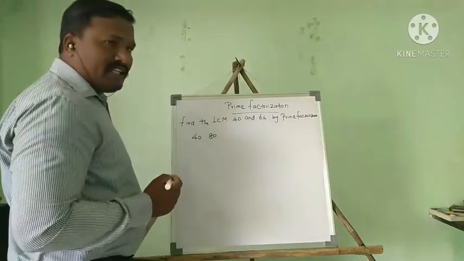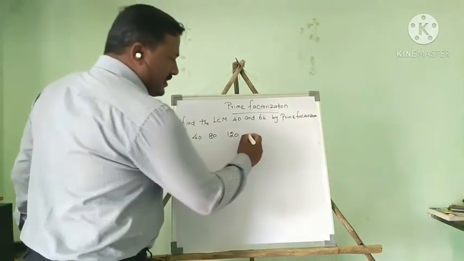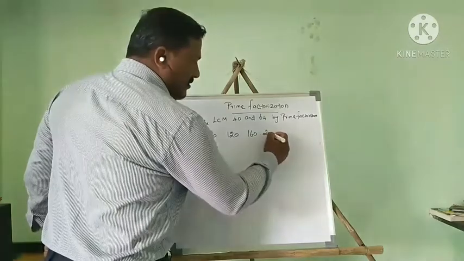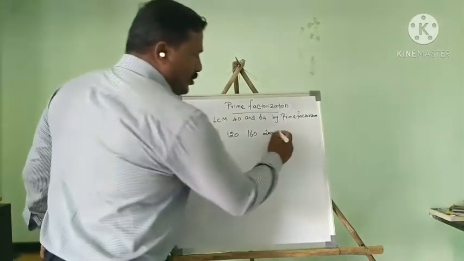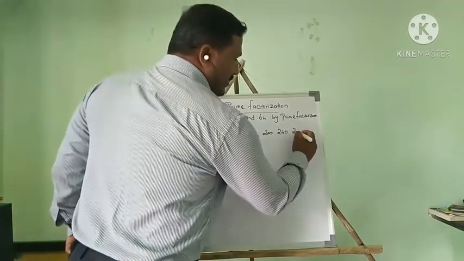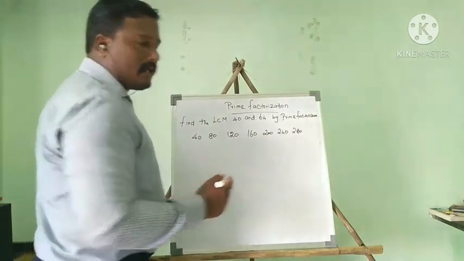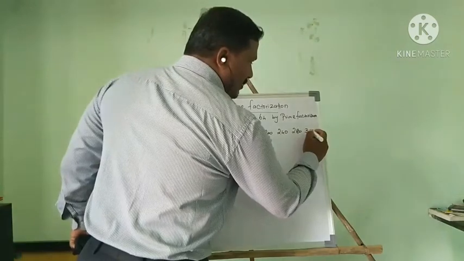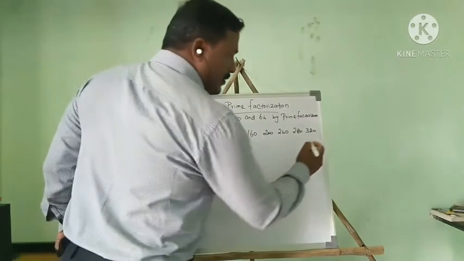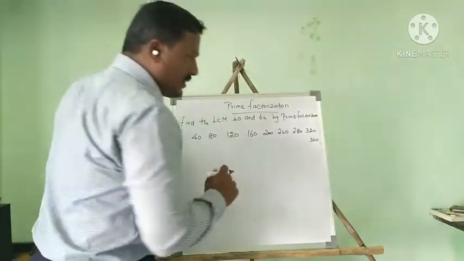Then 3 40, 120. 4 40, 160. 5 40, 200. 6 40, 240. 7 40, 280. 8 40, 320. Then 9 40, 360. 10 40, 400. Okay, and so on.